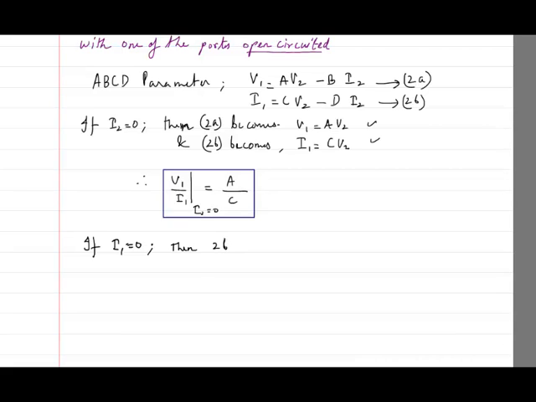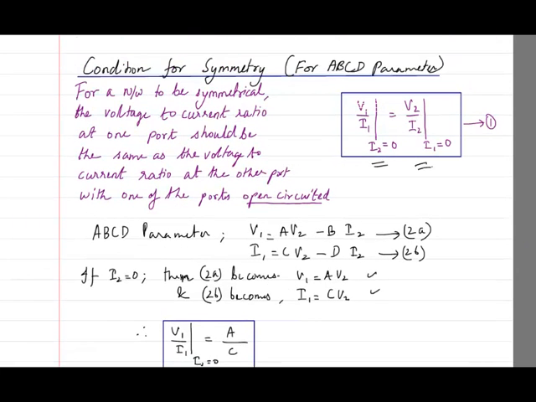Then equation 2B becomes 0 is equal to CV2 minus DI2, correct? Or DI2 is equal to CV2. My interest is to find V2 by I2.